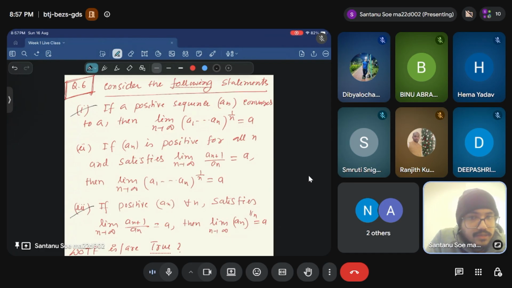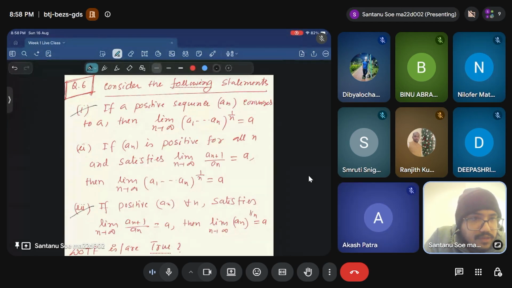Do you have any example in your mind such that an will be positive, the ratio of the terms a(n+1) and an will have some finite limit, but the product to the power 1 by n will not have limit, I mean, obviously not A?